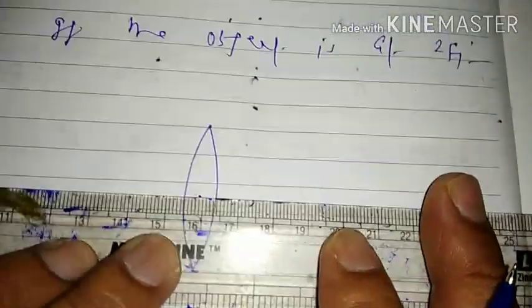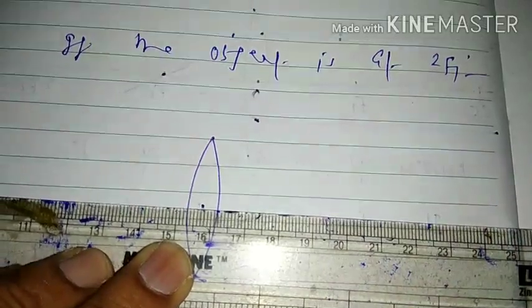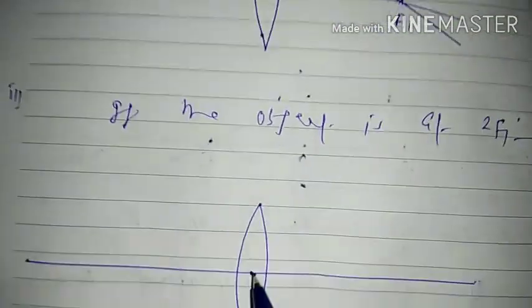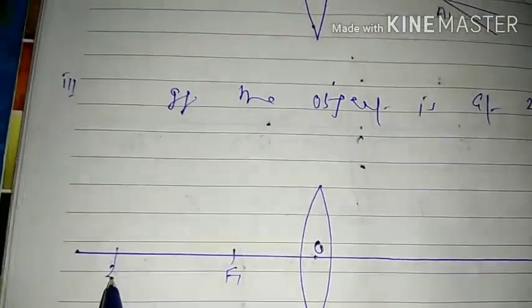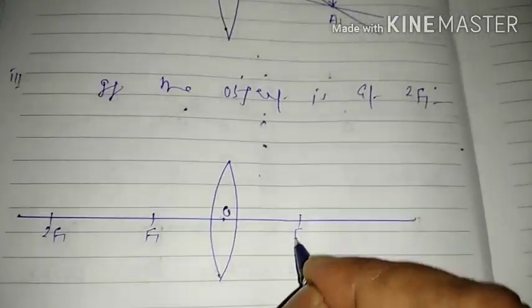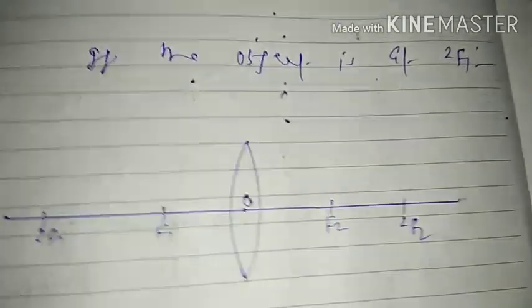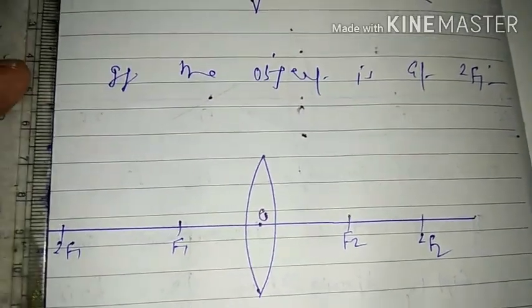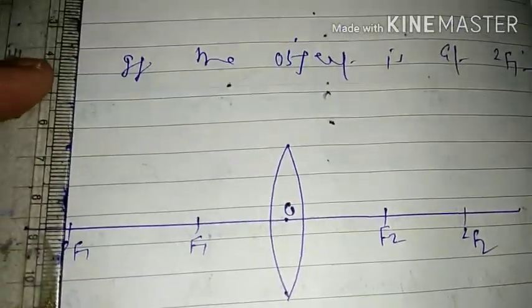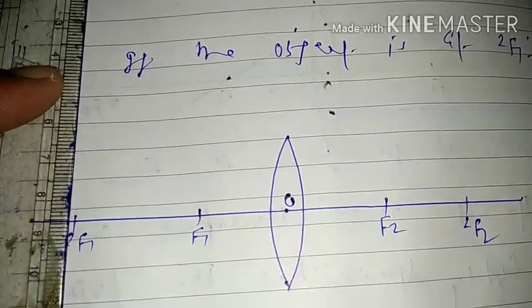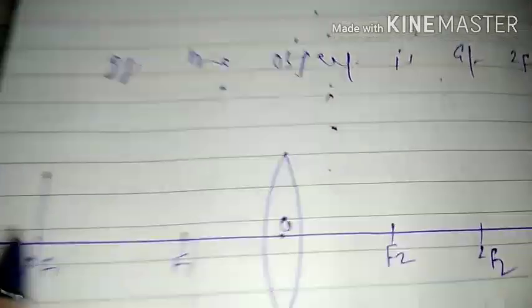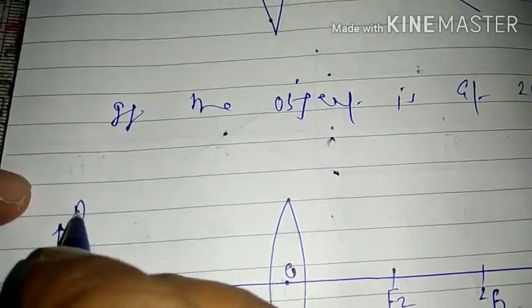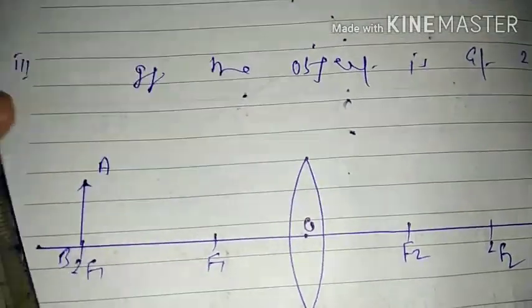Suppose this is our principal axis. This is focus f1, f1 to f1, f2 to f2. If the object is at 2f1, bring object gradually closer to the lens and see what is the situation. So suppose this is object AB, object is at 2f1.